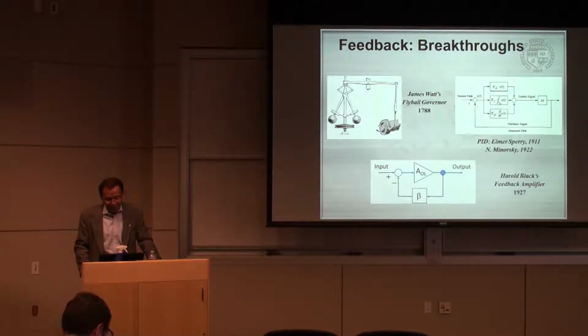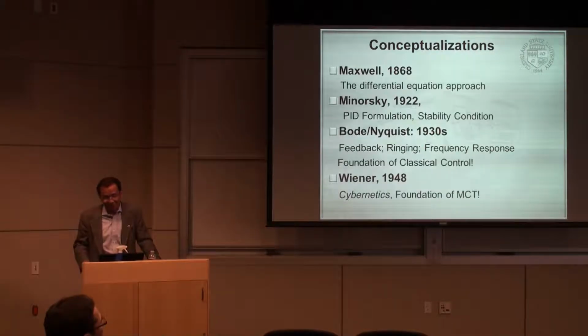And the third invention is Harold Black's negative feedback amplifier. That was in 1927. And we all know that it took him 10 years to get it patented and to get the invention approved by the U.S. Patent Office, and we'll see why that's the case.